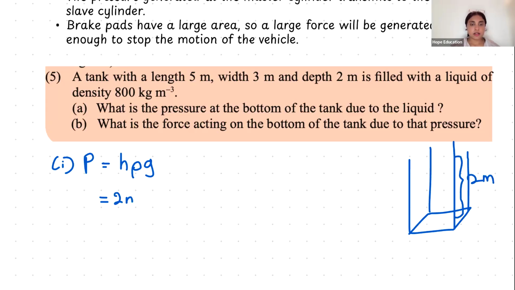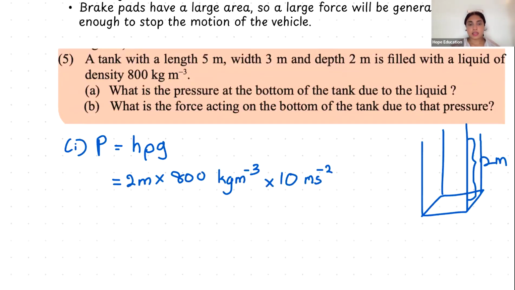Density is 800 kg m^-3. g means gravitational acceleration, that is 10 m s^-2. So 2 times 8 is 16, then zeros. Pressure we measure in Pascal. So it's 16,000 Pascal. Did you all get this answer?